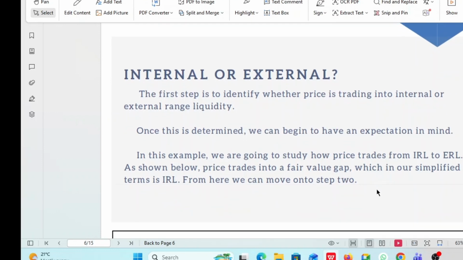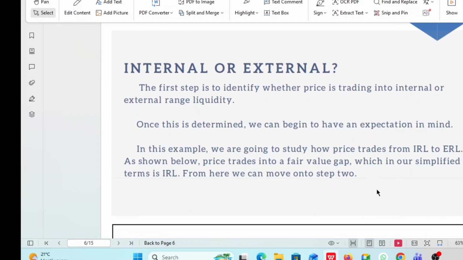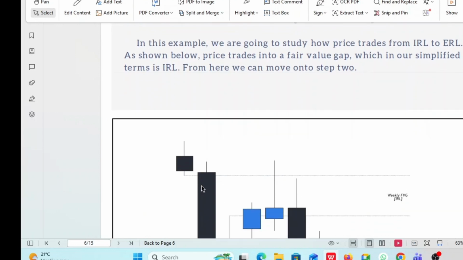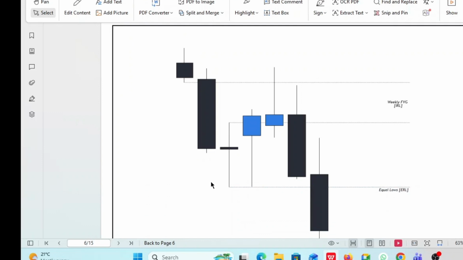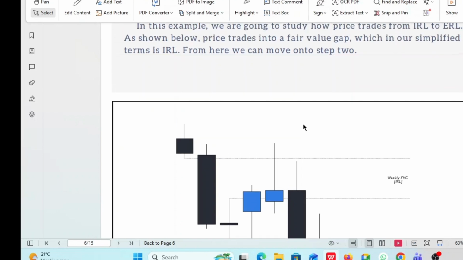In this example, we are going to study how the price trades from internal range liquidity to external range liquidity, as shown below. Now, the price trades into the fair value gap, which in our simplified terms is internal range liquidity. So for this one, we have the equal highs and the equal lows.